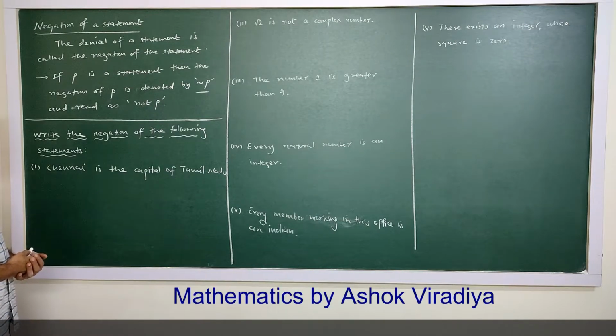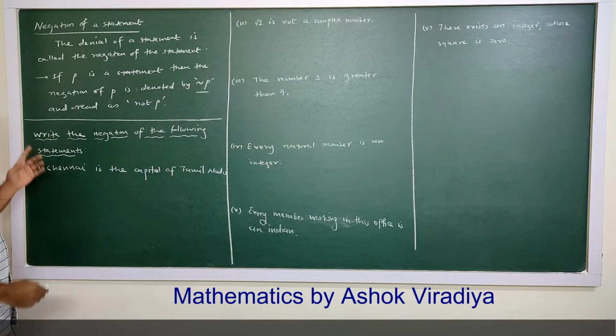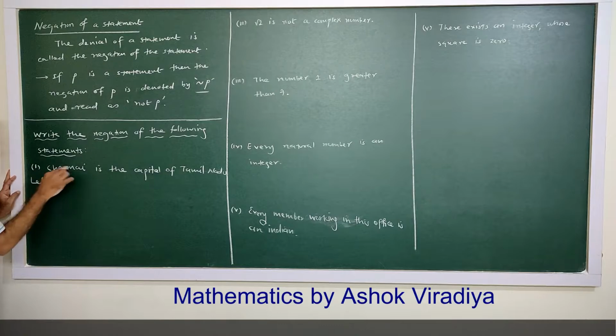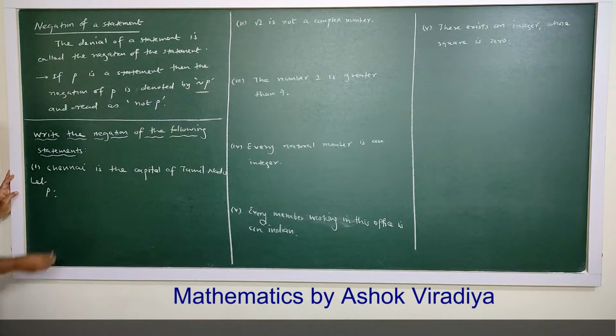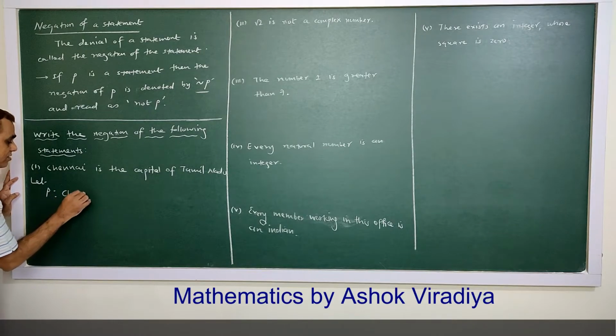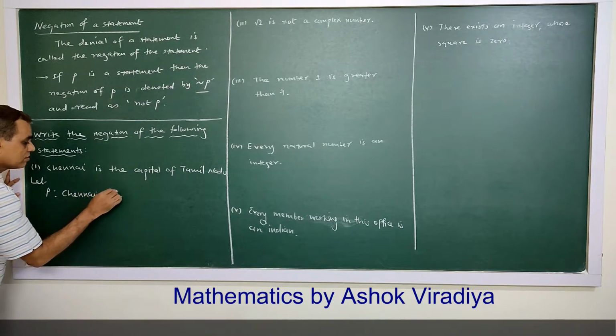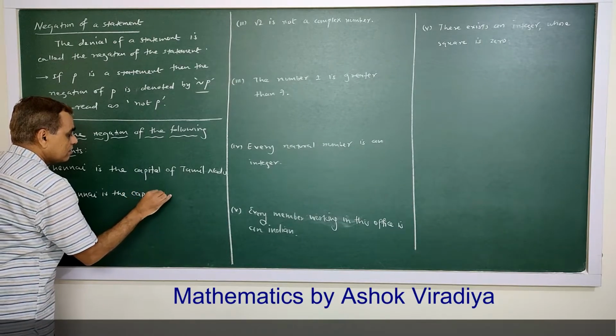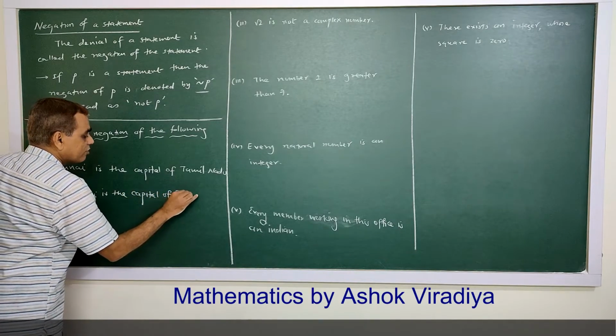Now, examples. Write the negation of the following statements. Chennai is the capital of Tamil Nadu. Let me say this is statement P. Chennai is the capital of Tamil Nadu.